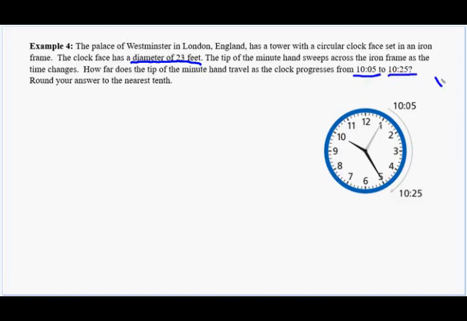Now we know we usually do x over 360 is our fraction of a circle. Well, when we're talking about a time and the minute hand goes around, every time it goes around is 1 hour or 60 minutes. And if we go from 10:05 to 10:25, it's traveled 20 minutes. So 20 out of 60, that will reduce down to a third. That is our fraction of the circle.